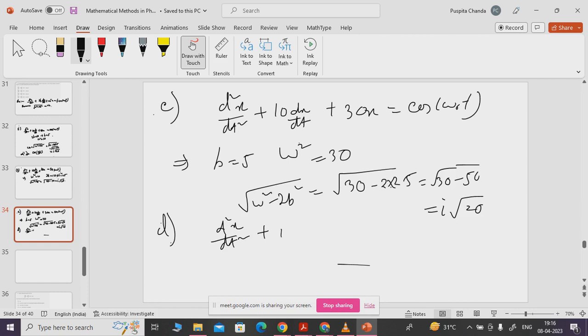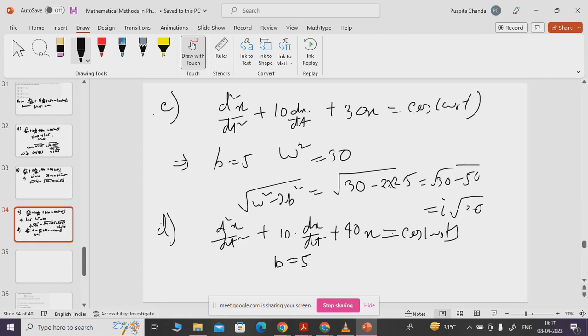For D also it is d square x/dt square plus 10 into dx/dt plus 40x equal to cos of omega naught t.